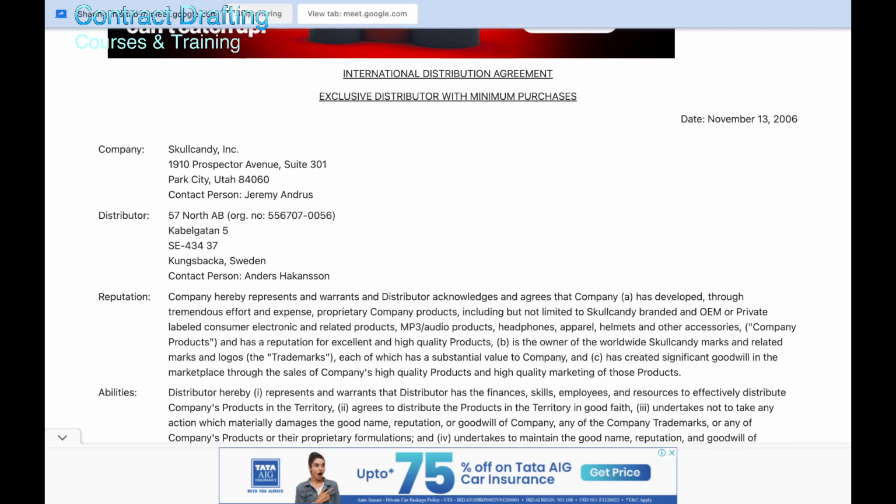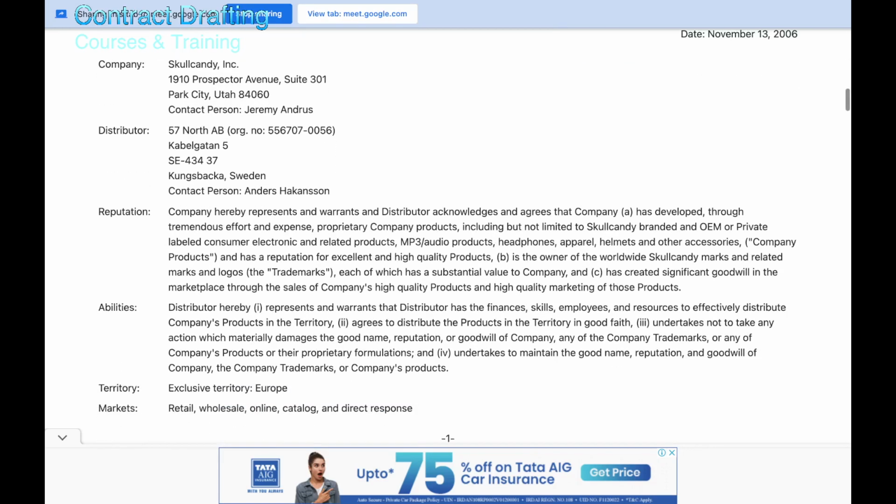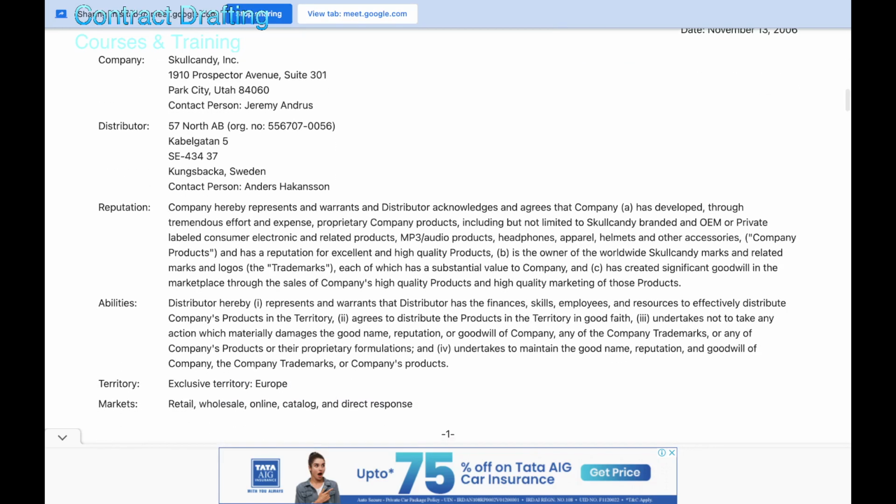Now, the background that we have here is that Skull Candy, as we know, is a quite reputed organization and they want to put a limit on the distributor to have the ability to buy certain minimum quantity.